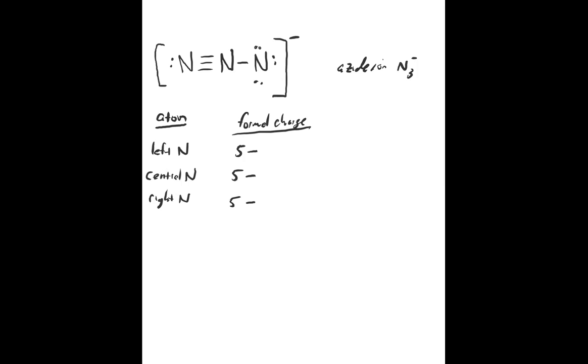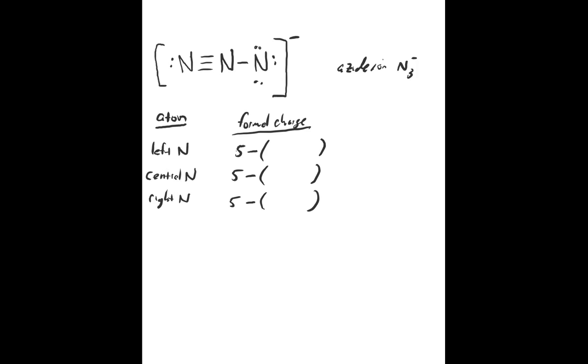I'm going to put this in parentheses because a lone pair counts as 2 electrons, but a bond only counts as 1. A double bond counts as 2. A triple bond counts as 3. So we're going to have to add a couple of numbers here to get that.